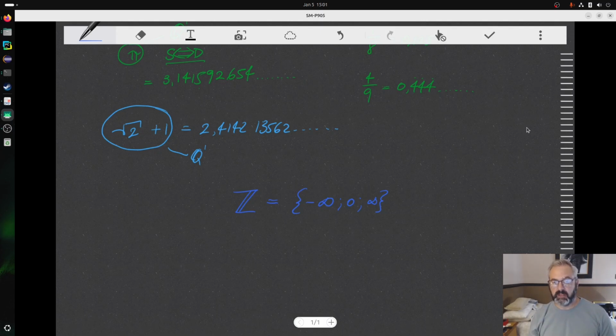Now we say a rational number, with its symbol Q, is any number that can be expressed as a ratio of 2 integers. That means the numerator must be an integer, and the denominator must be an integer.